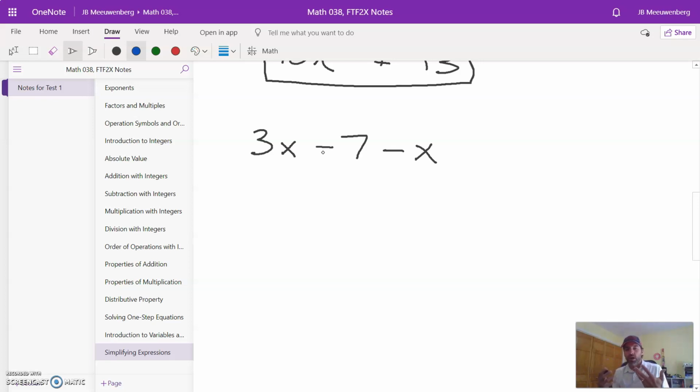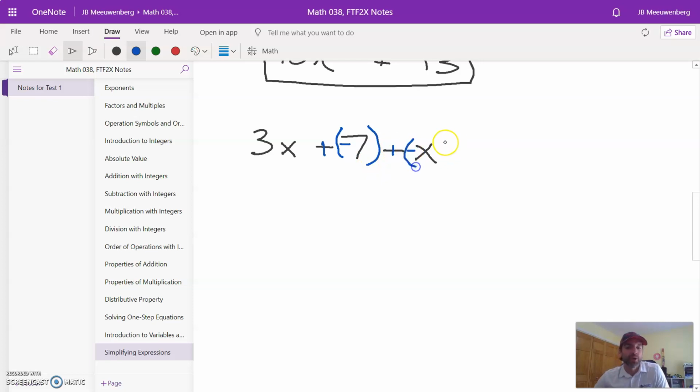And I don't see any addition signs here. But we've talked about how we can change subtraction signs to be plus the negative or plus the opposite. You might even put parentheses around that just to sort of know that there's a negative that goes with that 7 now. We're going to do that here as well.